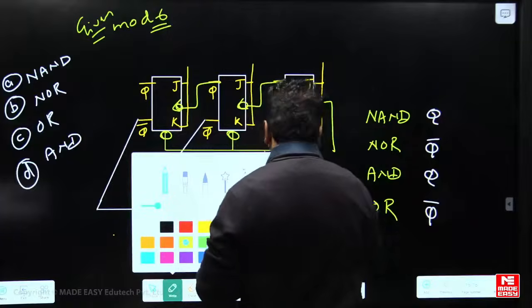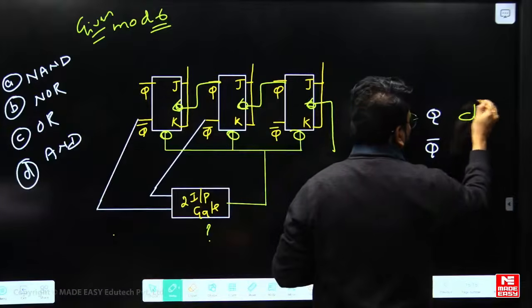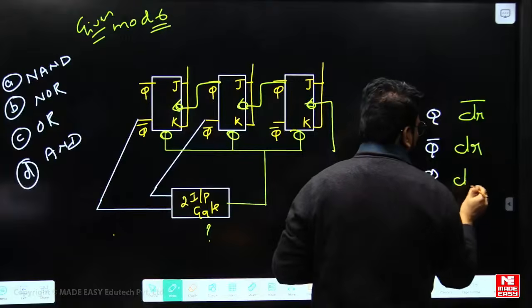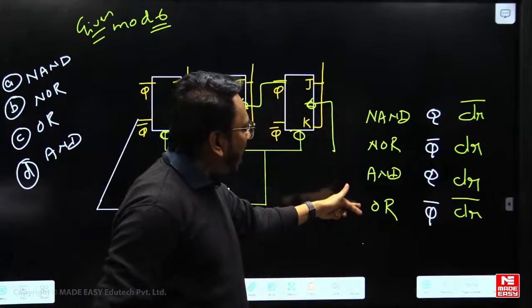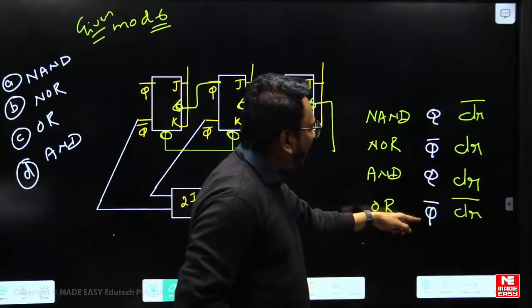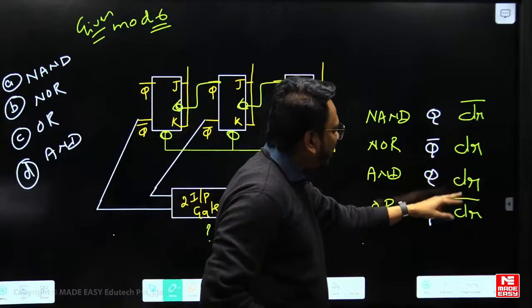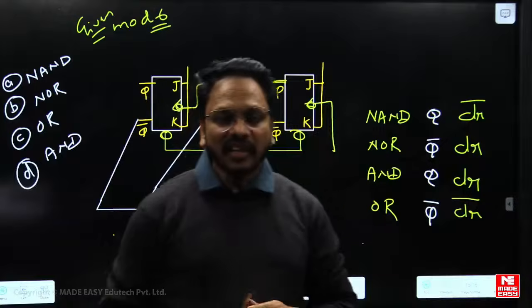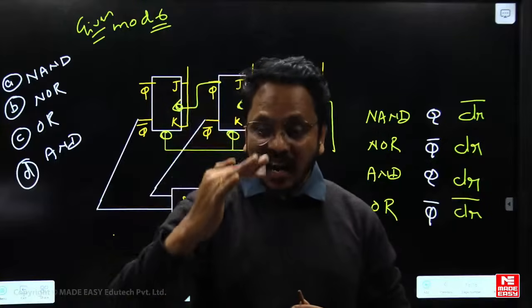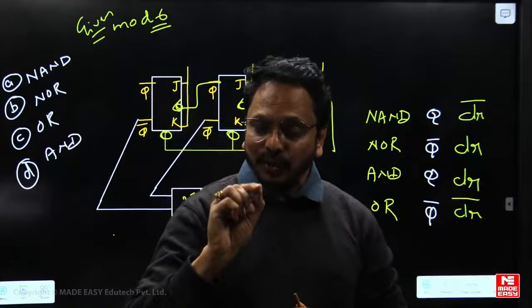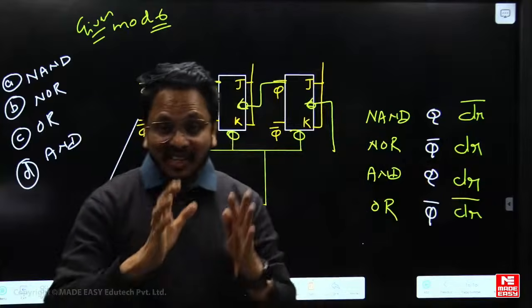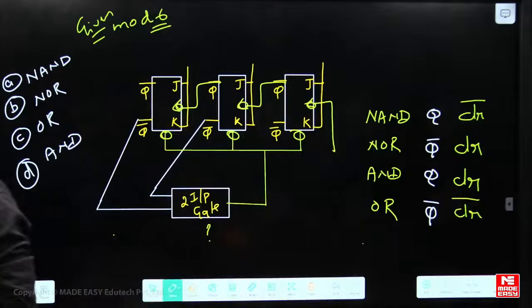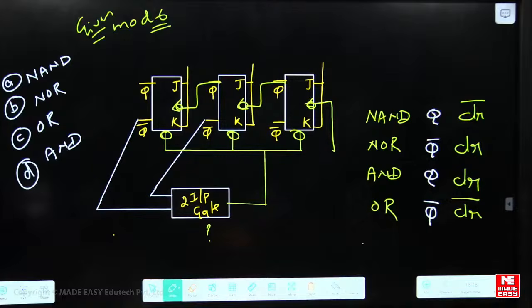Next: clear bar, clear bar. See, NAND, NOR and OR, Q bar, clear bar, clear bar. This is the short technique. So how do we handle that? You now handle it and tell me.